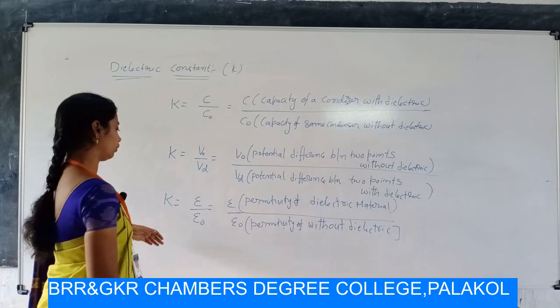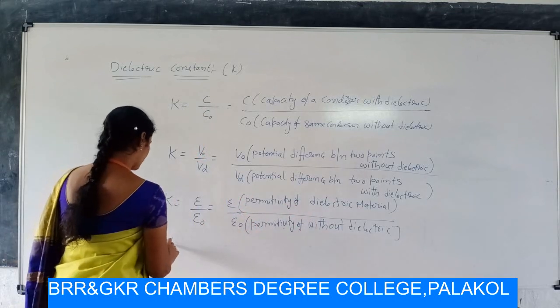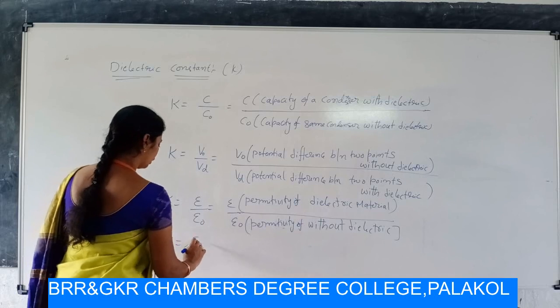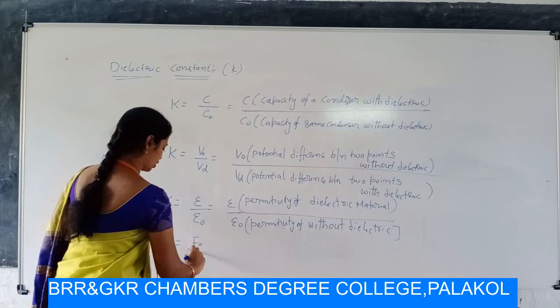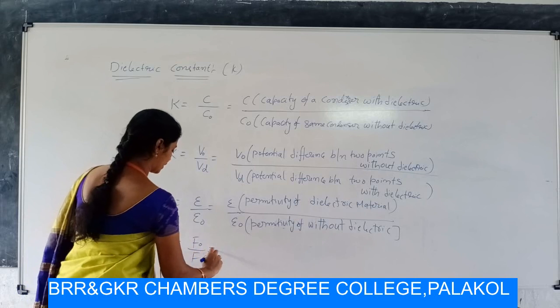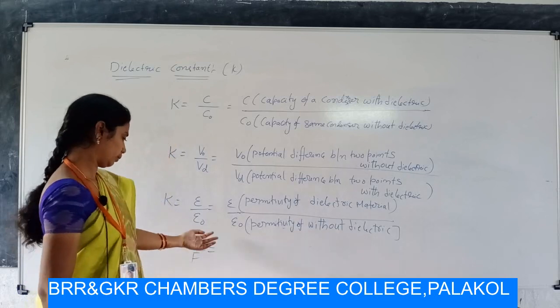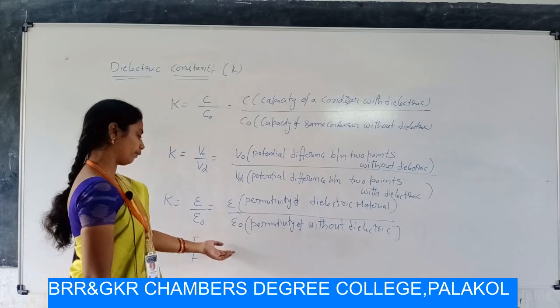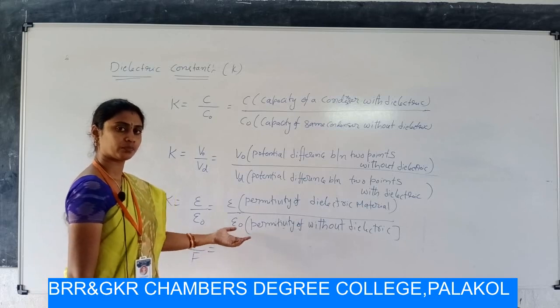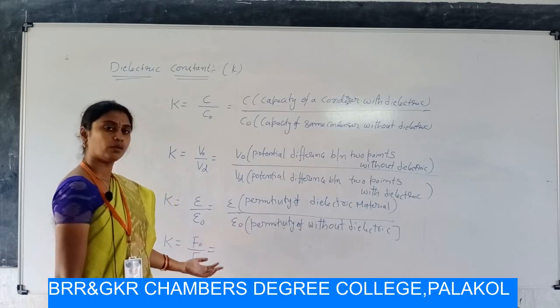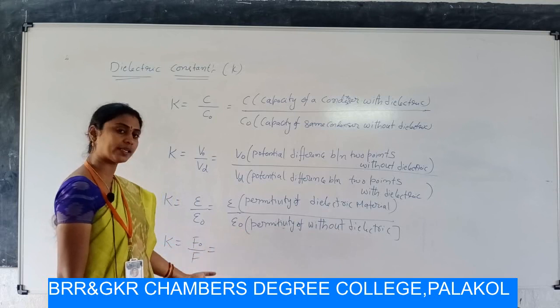And also we can write a dielectric constant for force between 2 point charges, defined as the ratio between force without dielectric medium or free space to force between 2 points with the dielectric medium.